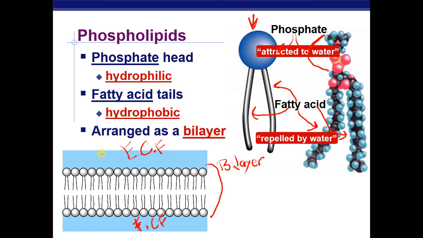So this is the water outside of the cell and the water inside of the cell. And so the hydrophilic parts, the head parts, will be closer to that. And the hydrophobic tails will be all scrunched up in the middle, as far away from the water as possible. And that's why they spontaneously form this membrane or this bilayer, just like that. So they orient themselves like this.